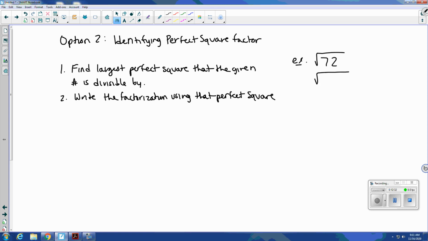And I can rewrite 72 as a factorization with 36. So I would write it in the following way. Once you've done that, you can split the radical into 2. And then the final step, simplify.